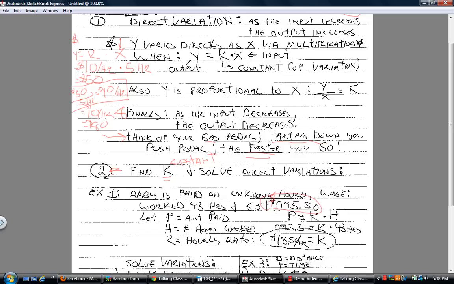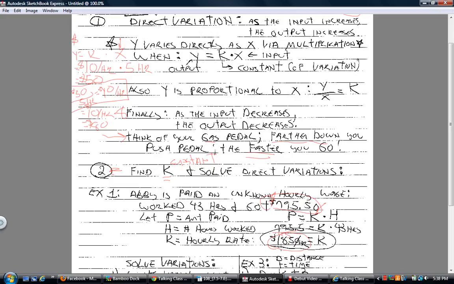Well, of course, what you could do here is say P, your pay, equals K, the constant, times H, the hours. Common sense is going to prevail here. To figure out your hourly rate, you would take the total amount of your paycheck divided by 43 hours, and $18.50 is their hourly rate.